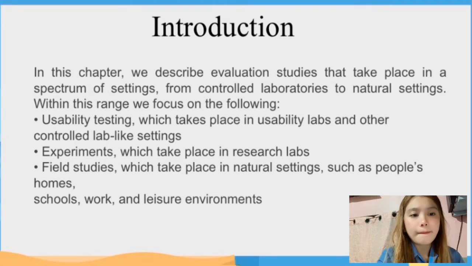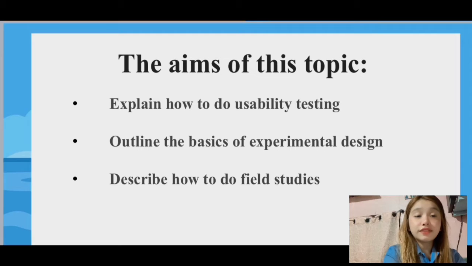And the third one, field studies, which take place in natural settings such as people's homes, school, work, and leisure environments. And the aims of this topic: the first is to explain how to do usability testing. Second, outline the basics of experimental designs. And the last one is to describe how to do field studies.